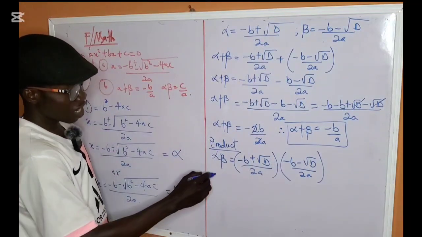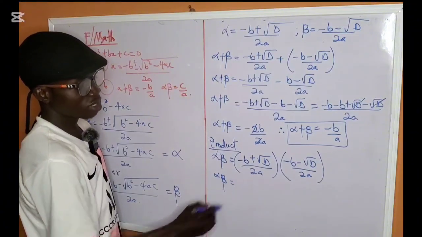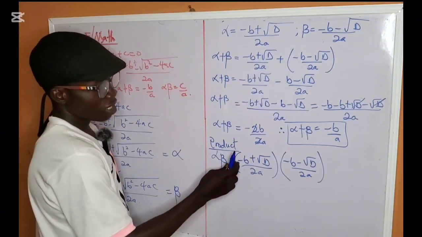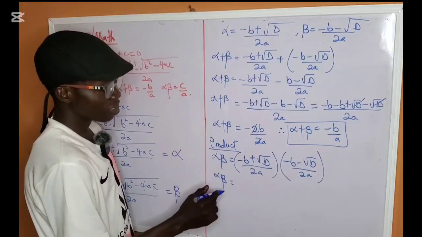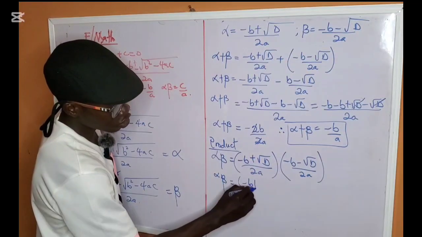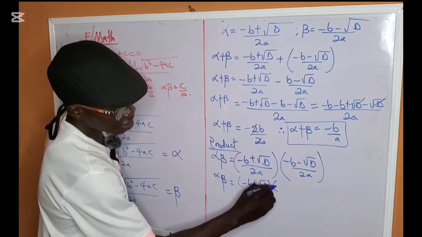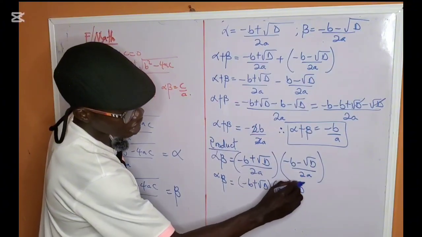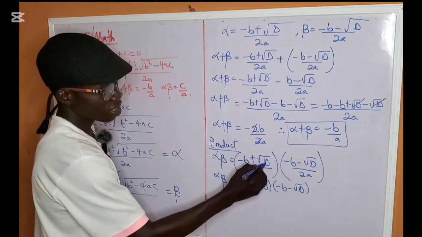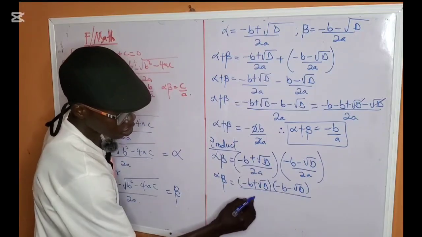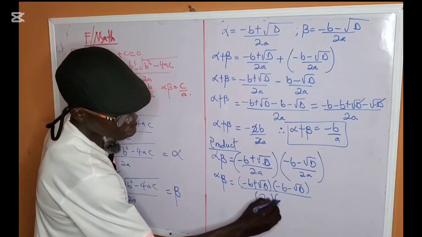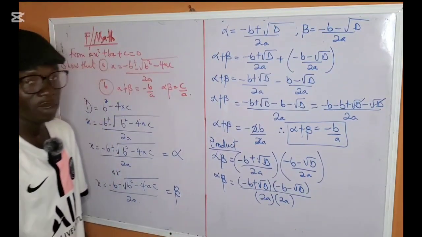So alpha beta equals, we take the numerators together: minus b plus root d, bracket minus b minus root d. I've taken the numerators together. The next thing to take is the denominators, so 2a bracket 2a. And it has been simplified.